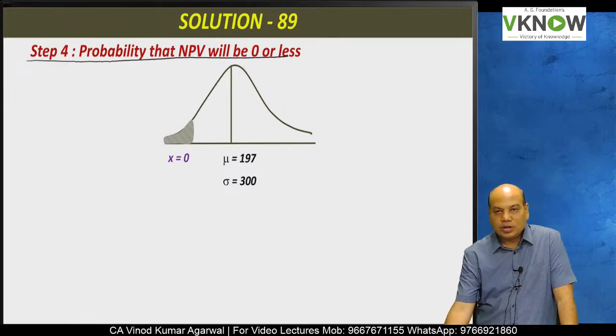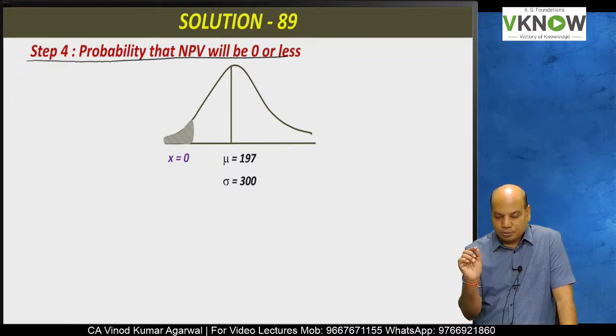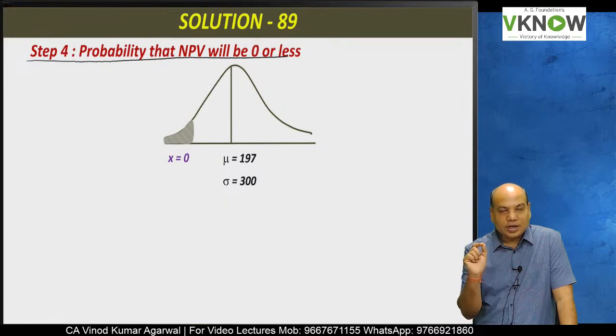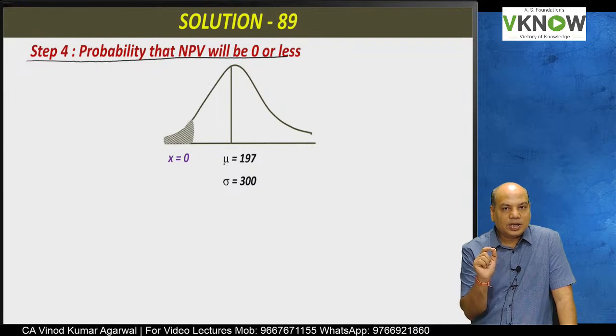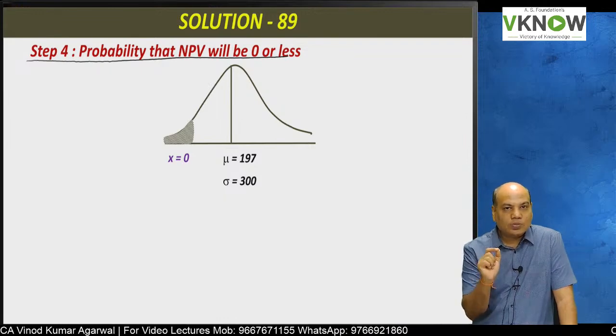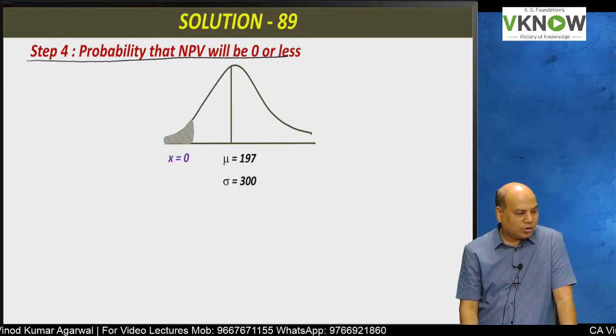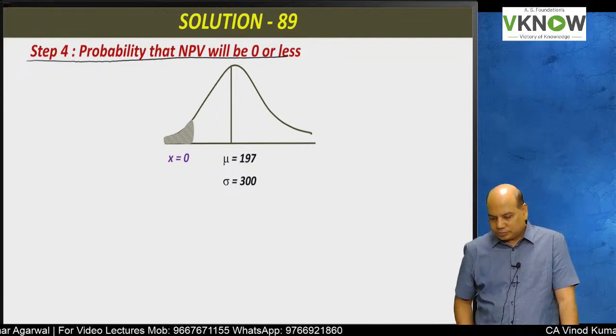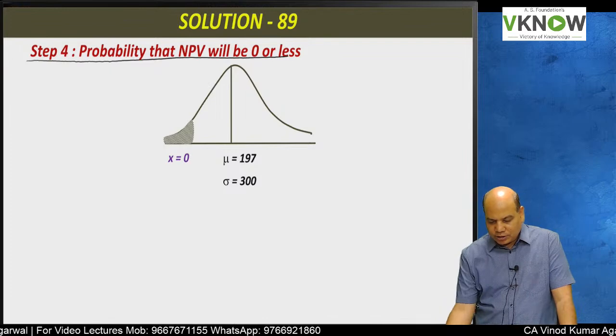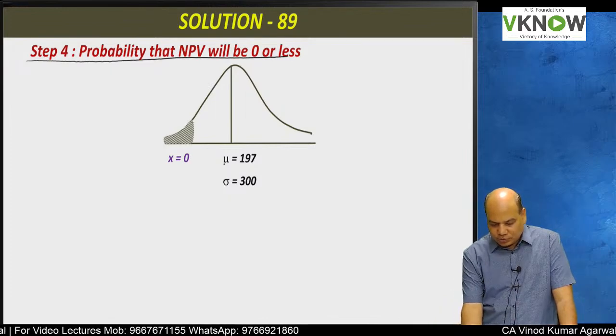The next question asks you to compute the probability that NPV will be 0 or less. So for that I have to now apply the normal distribution table approach. Write down please, step number 4: probability that NPV will be 0 or less.